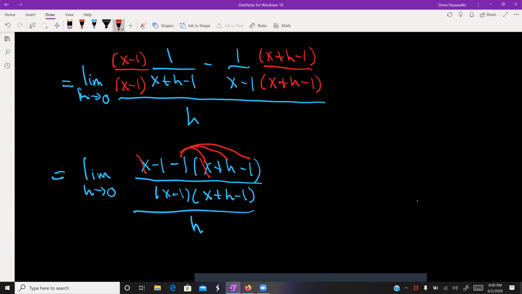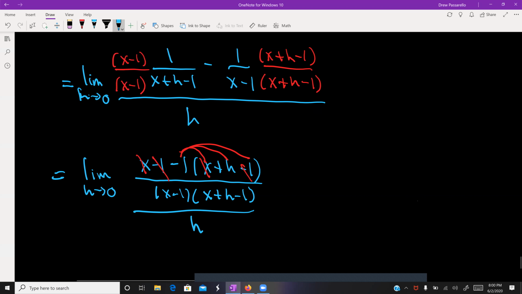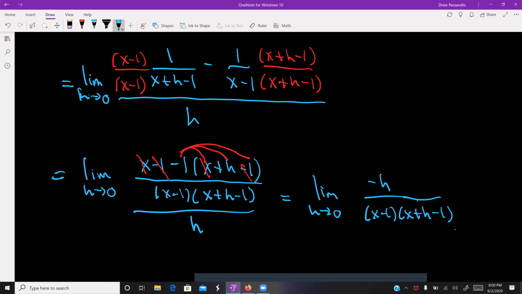But I have a minus 1 over here, so I can cancel out the 1. That leaves me with just negative h, and then x minus 1 times x plus h minus 1, all of that divided by h.